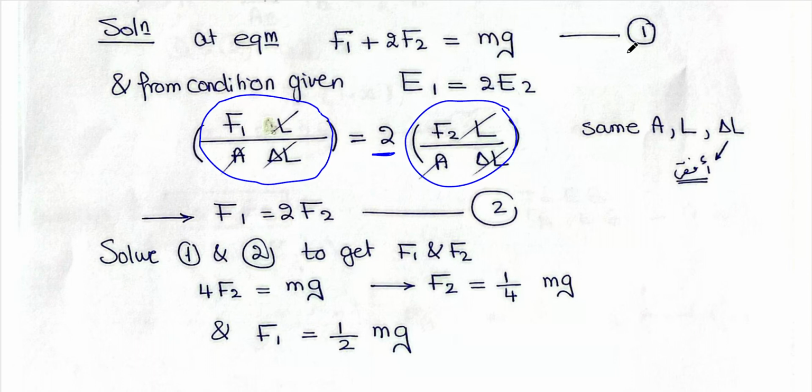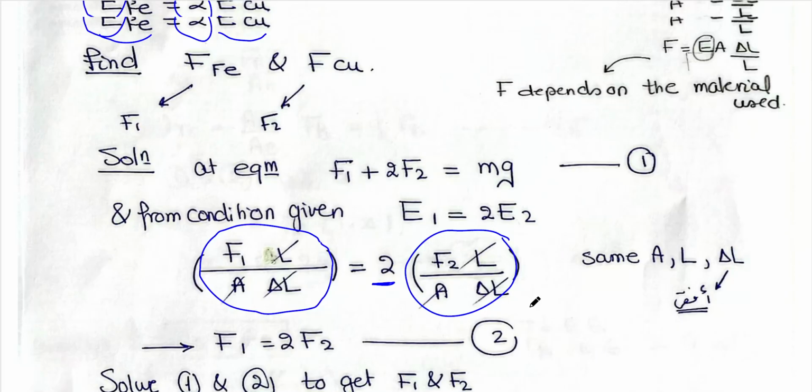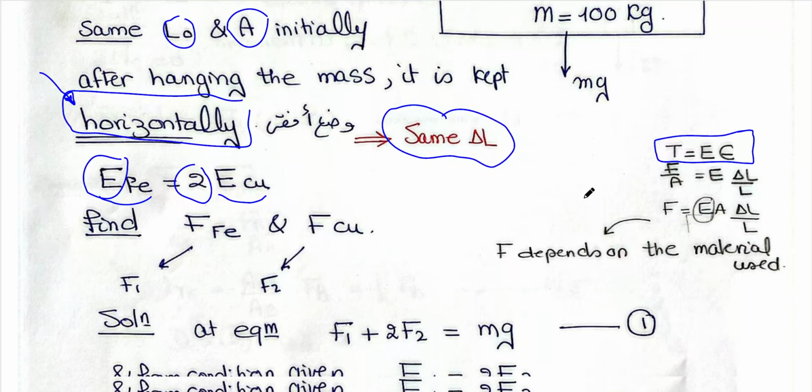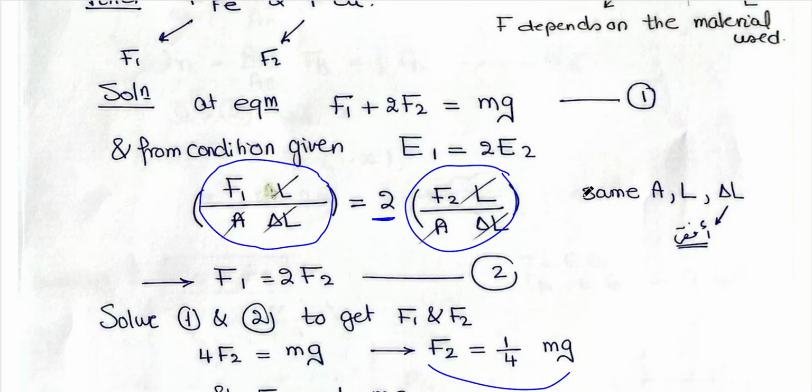This is equation number 1, and this is equation number 2. We can solve the two equations to get F1 and F2 easily. You can solve it and you will find F1 is half mg, F2 equals quarter mg. Of course, you can substitute with m and find the values of F1 and F2 in newtons.